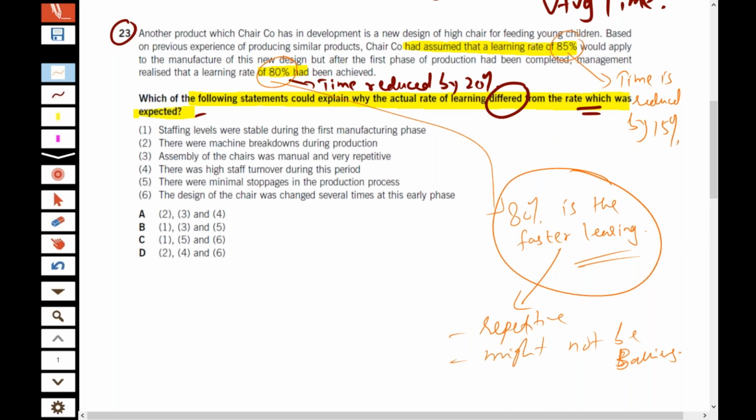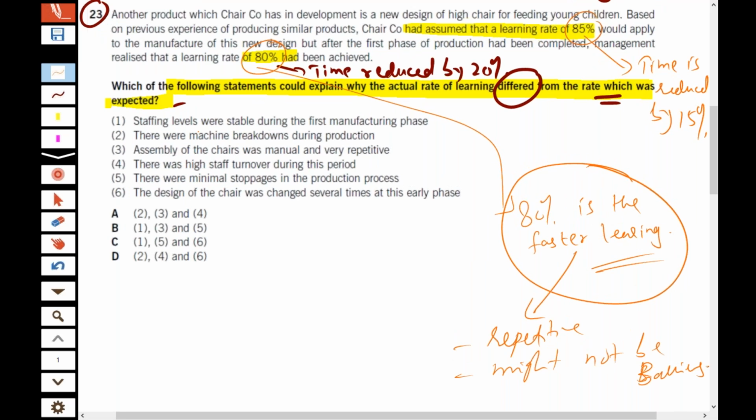I am reading number one. Staff were stable during the first manufacturing phase. Yes, if you were stable in the first manufacturing phase, then you will show your experience in the next phase as well.